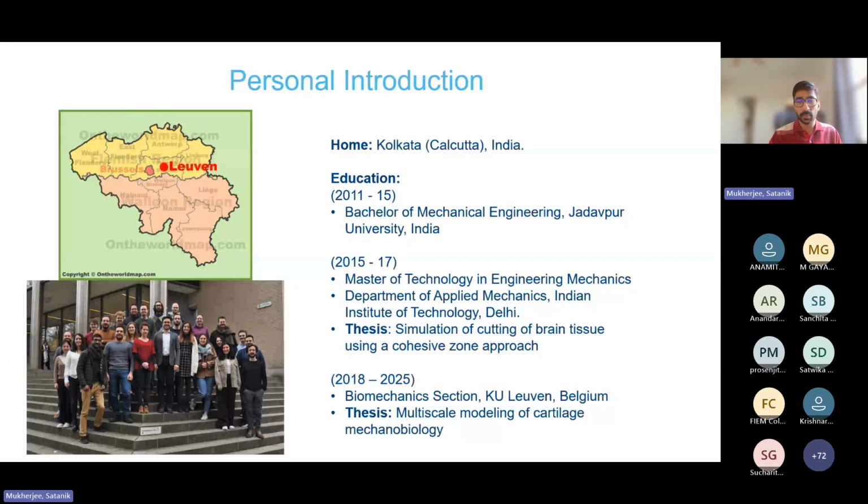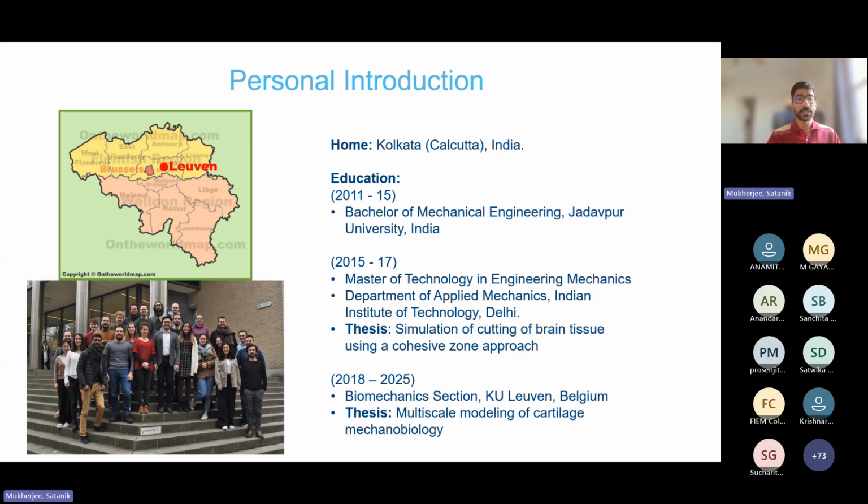There I was developing computer models to understand how cartilage responds to mechanical loading and how disease progression like osteoarthritis happens in cartilage, and how we can model them. That was working at the interface of mechanical-based models and biology-based models, combining them together.